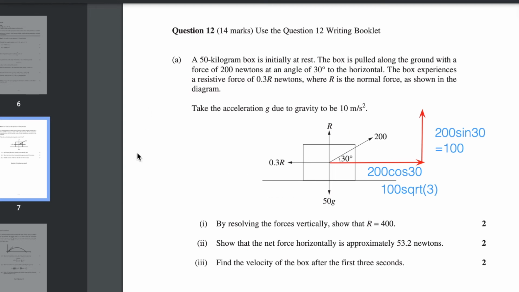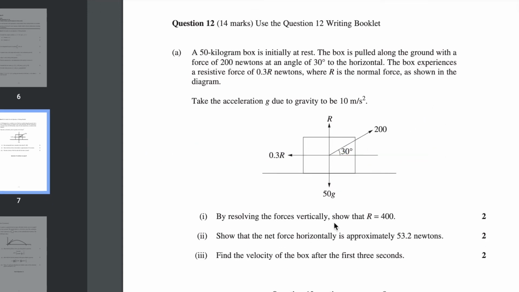So the downwards force is 50 times 10, and that's going to be equal to the upwards forces. Upwards, there is this R, but there's also this 100 going up from this pull in that direction.